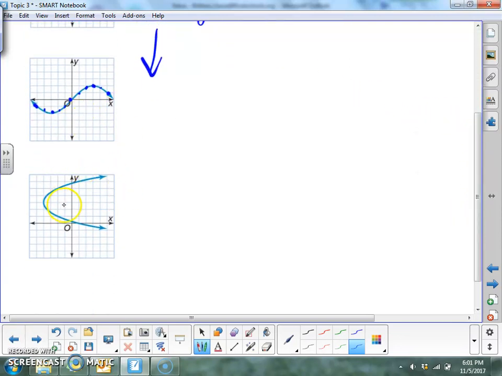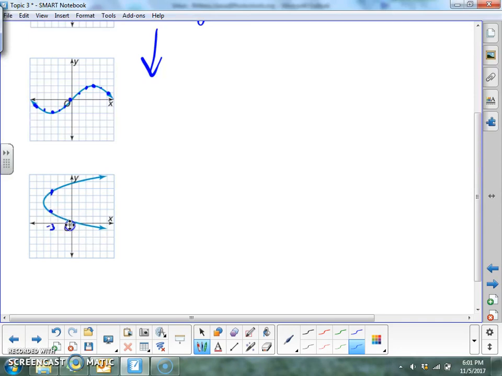Now this one, again, nonlinear relation happening here. If I go to an x value, so let's say x equals negative 3, you'll notice that at negative 3, there are two y values that go with that x value of negative 3.